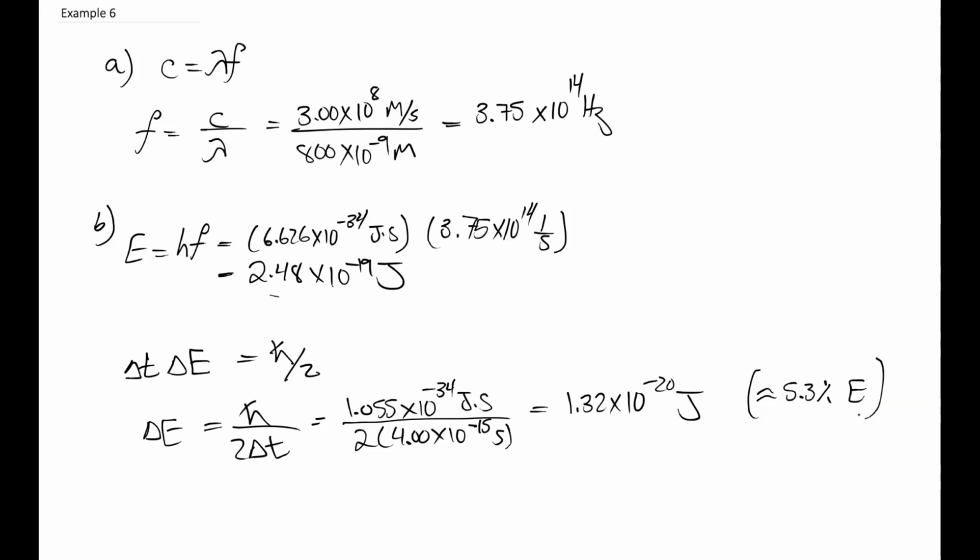So the energy of a given photon is uncertain by at least 5.3%.